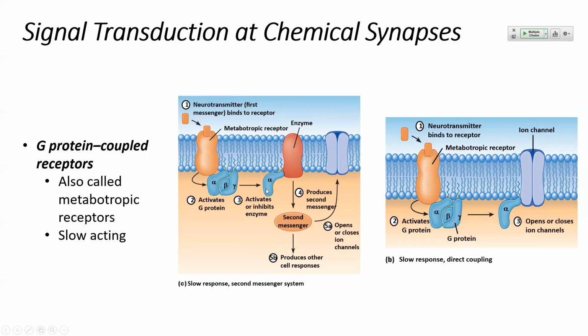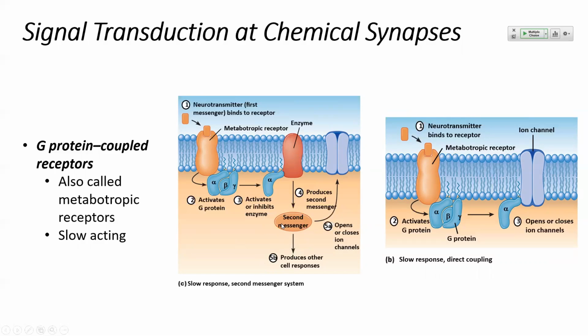The alpha subunit floats away and it goes downstream and activates another player in this sequence of events, this enzyme here. We'll talk about some of the names of these structures as we go on, but for right now, we're speaking in very general terms about an enzyme that will then create some type of second messenger, okay?